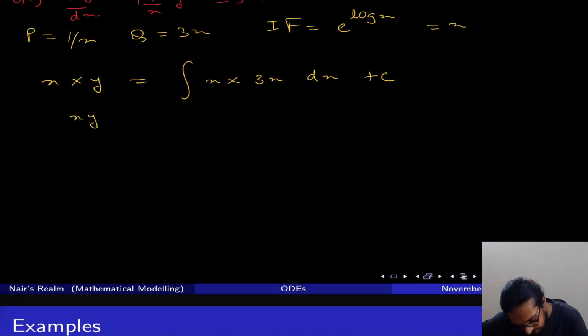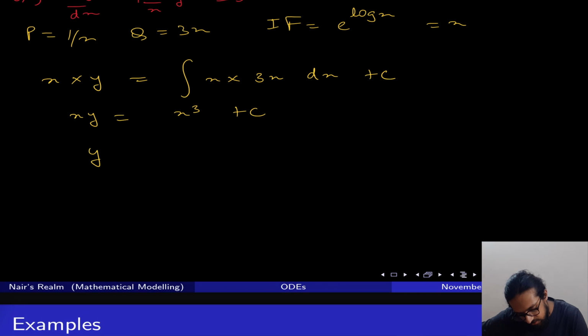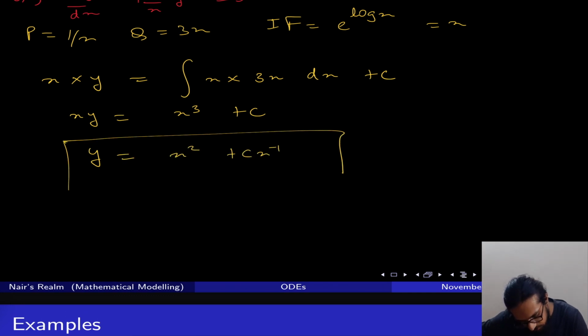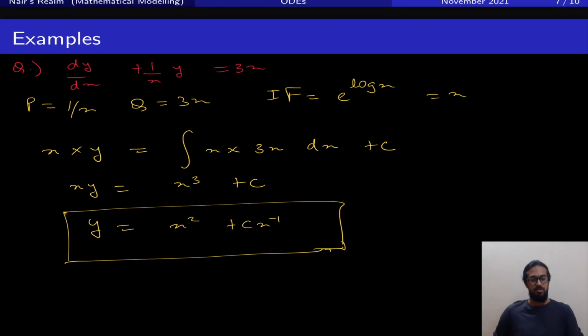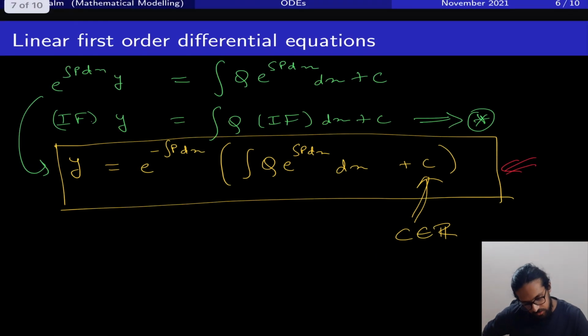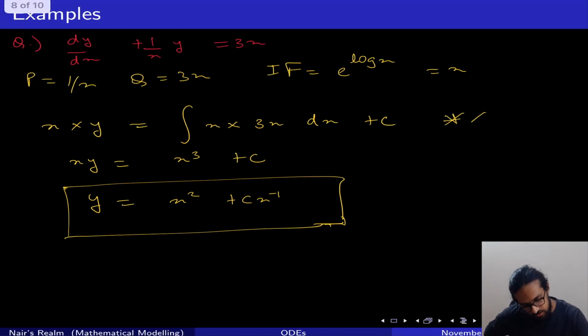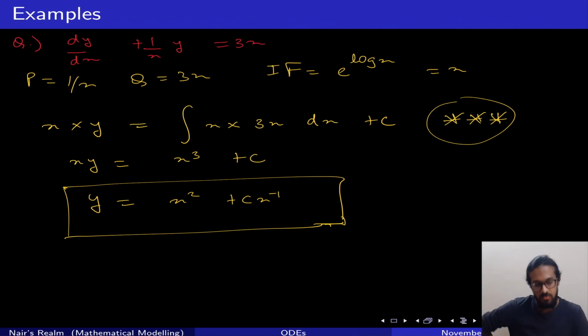So this means that xy is equal to x cube plus c, or essentially y is equal to x square plus c times x power minus 1. This is the general solution of the differential equation. So I used this particular representation over here. You guys can verify that it's actually correct.